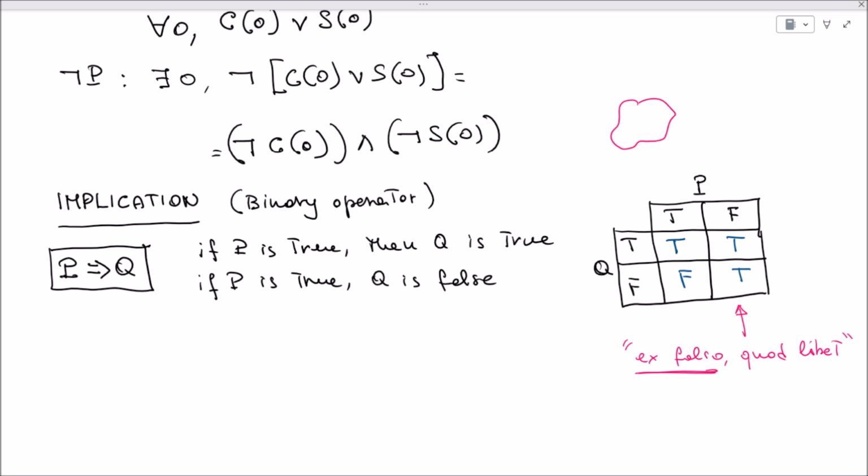Okay, so in any case, if you start from a wrong assumption, anything can be derived from that, and the implication is always true in any case.